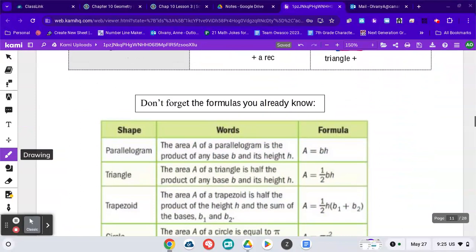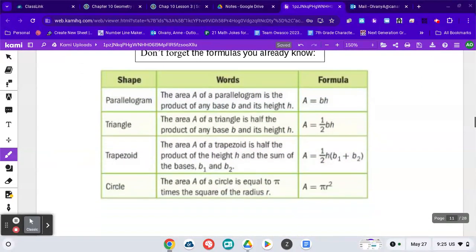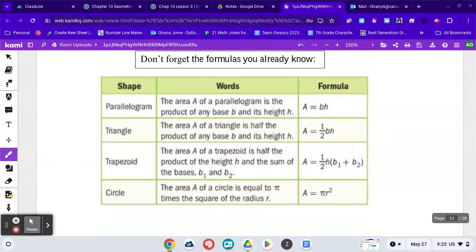So what we're going to do is remember our formulas from the past. These are ones that you already know, and also ones that you won't have to memorize, but these are ones we're going to be referring to and ones we reviewed in lesson 1.